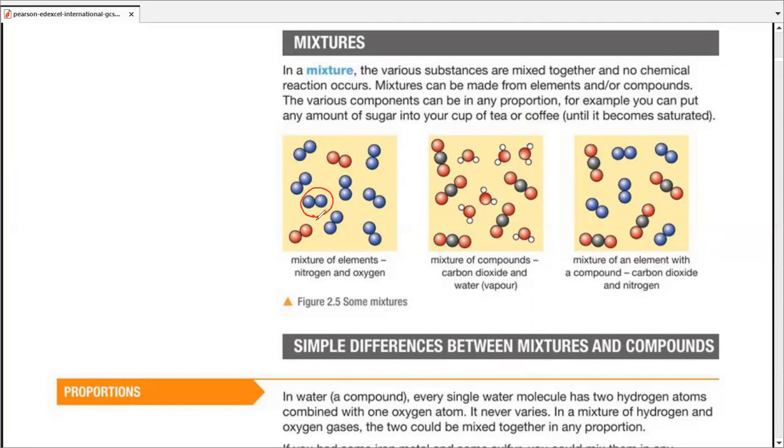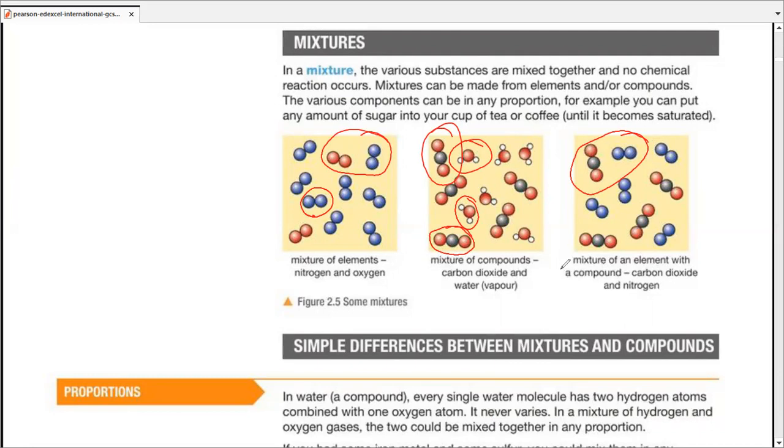When it comes to compounds, you would always notice different colors combined together. And when it's a mixture, you'd instantly see that two different things have been mixed together, be it an element and a compound, a compound and a compound, or two different elements. You'd easily be able to spot a mixture as soon as you see a diagram.